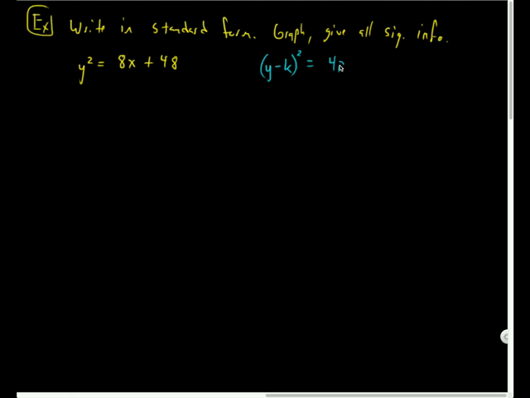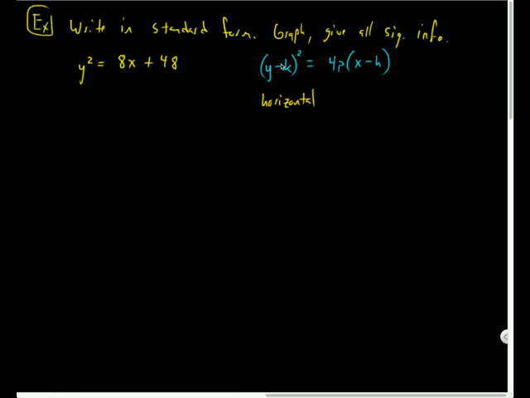And unlike all other conics, parabolas will only have a single squared term. So that's one of the ways that it'll give them away immediately. So let's write down some facts we know about this. So I know this is going to be a horizontally oriented parabola.